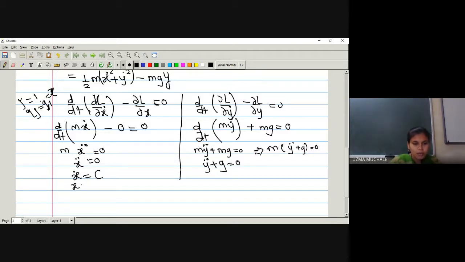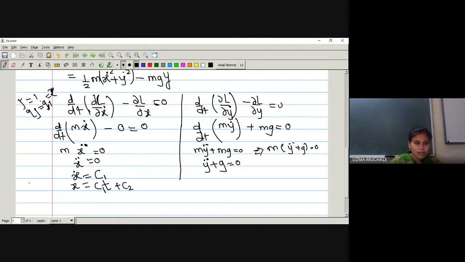Again, if I integrate with respect to t, it will be c1 t plus c2. As it is x double dot, you can integrate with respect to t two times. The first integration gives a constant of integration c1. The second integration gives c1 t plus c2.